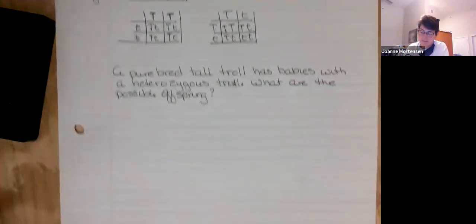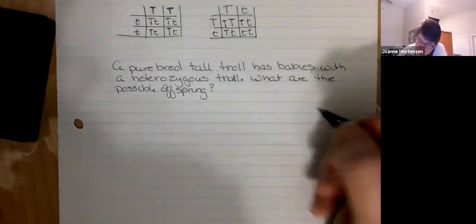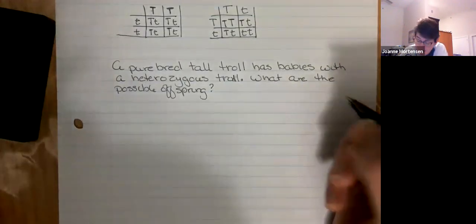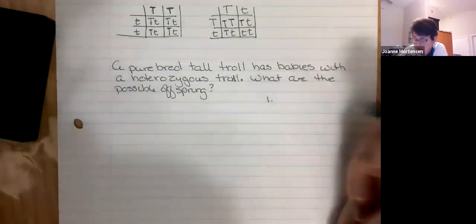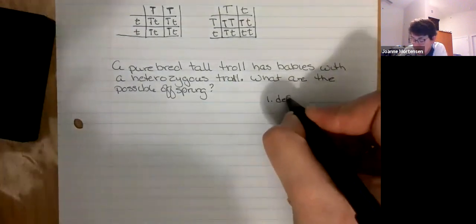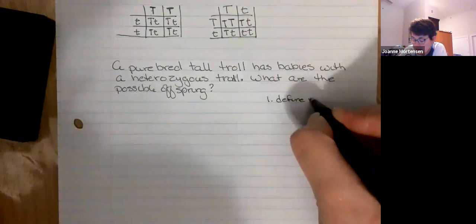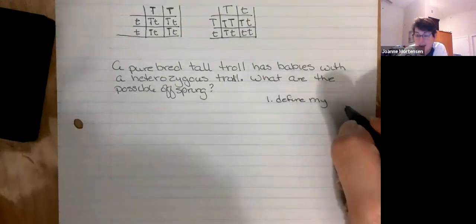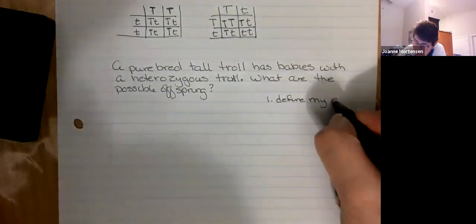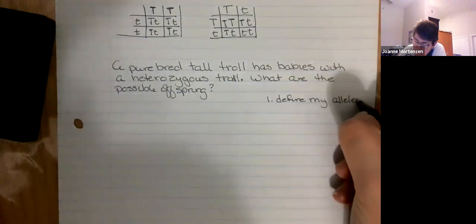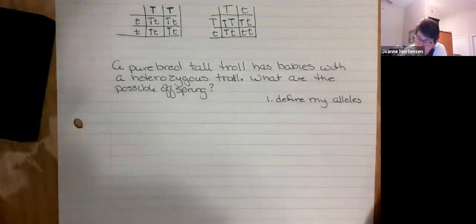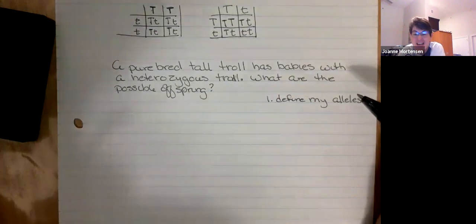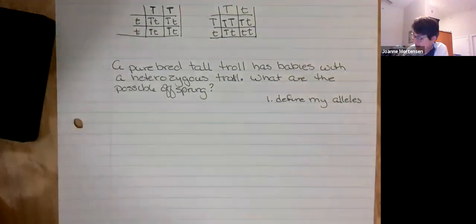Okay, so first thing you got to do, and I may change my numbering here, first thing I want to do is define whatever, alleles. Now, this question in itself actually doesn't tell me enough.